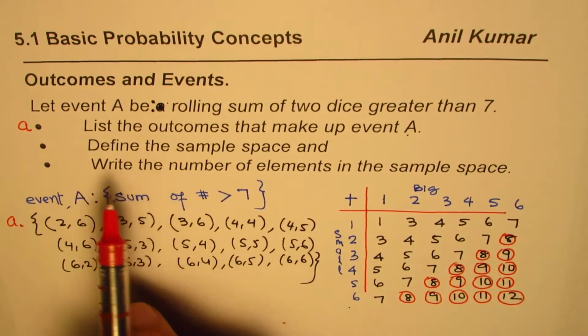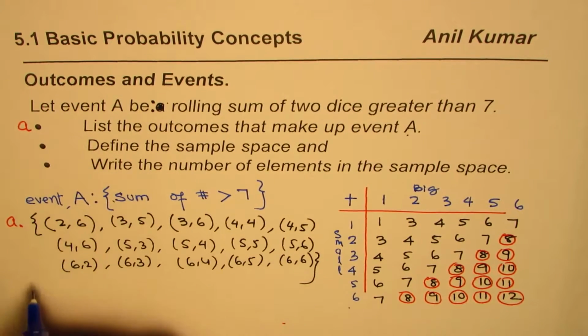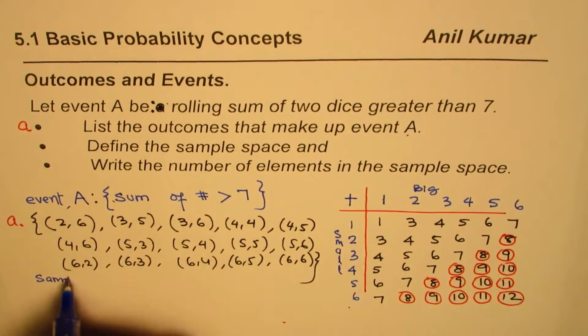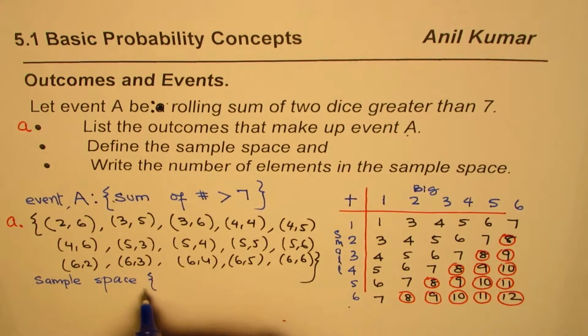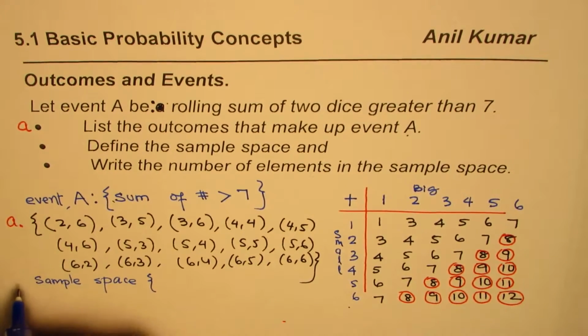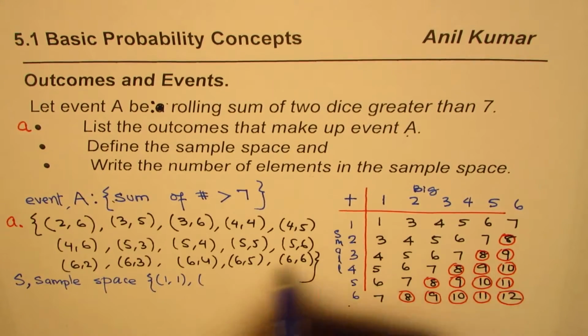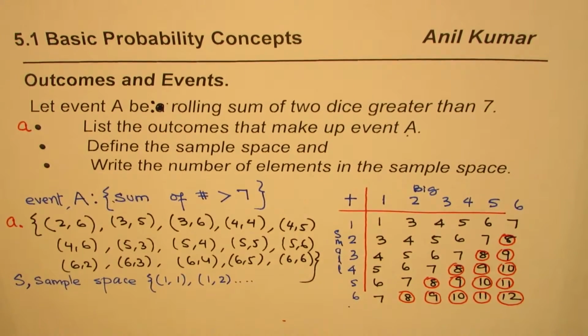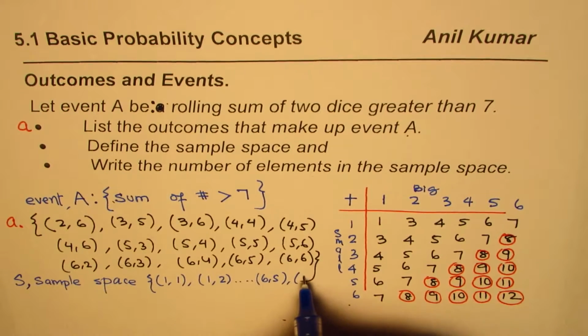Now part B is define the sample space. How do we define this sample space? The sample space in our case is all these combinations of numbers, right? Normally, it is designated by capital S. Let me write capital S first. The sample space will be 1, 1, 1, 2, and so on, till 6, 5, 6, 6.